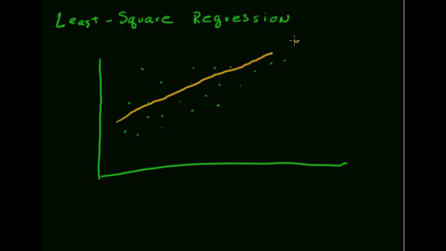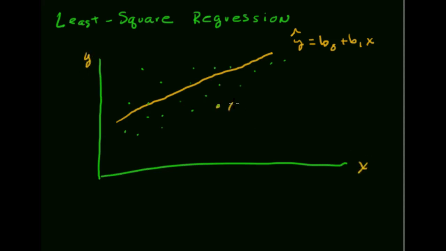So this is going to be in the form of y hat equals, so I want to make sure that my notation is consistent here, B sub 0 plus B sub 1 times x. Okay, so this is my x-axis, this is my y-axis.